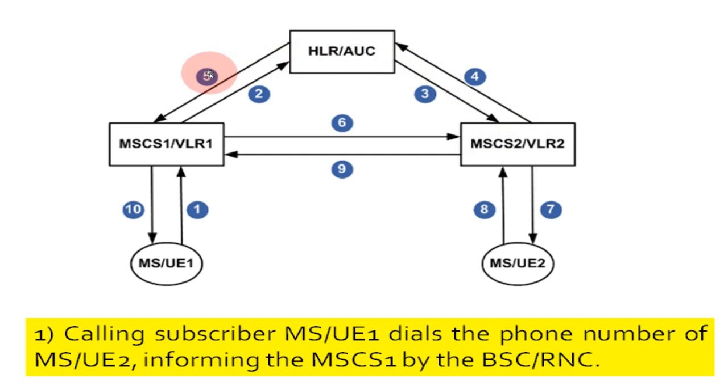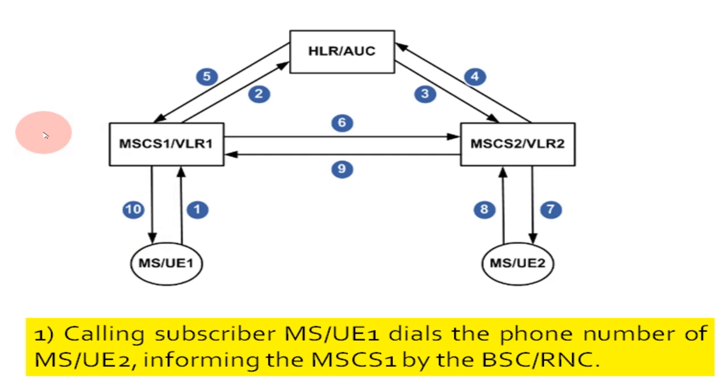We have step 5. The MSC1 here. What do we have? We have step 6. MSC2 again. We have step 7. MS2, UE2. We have step 8. Step 9. And step 10.